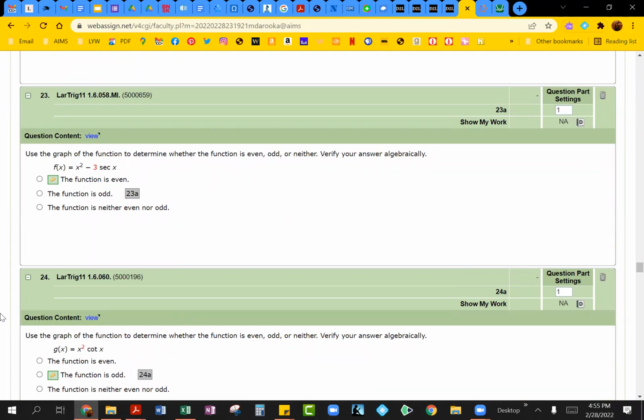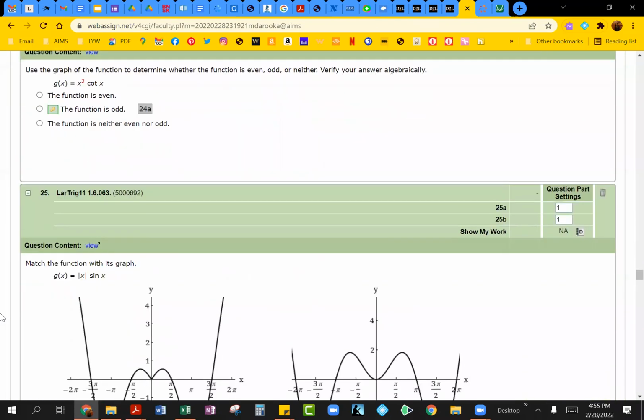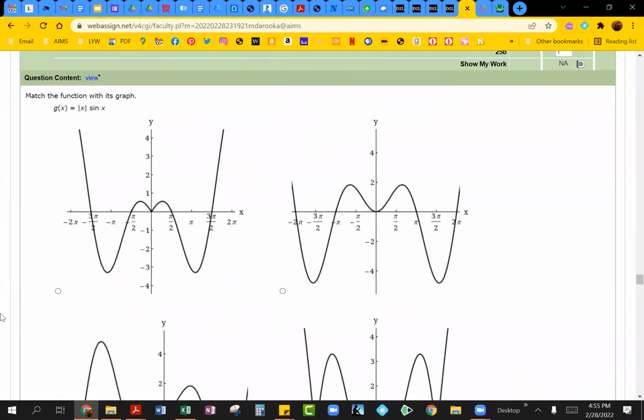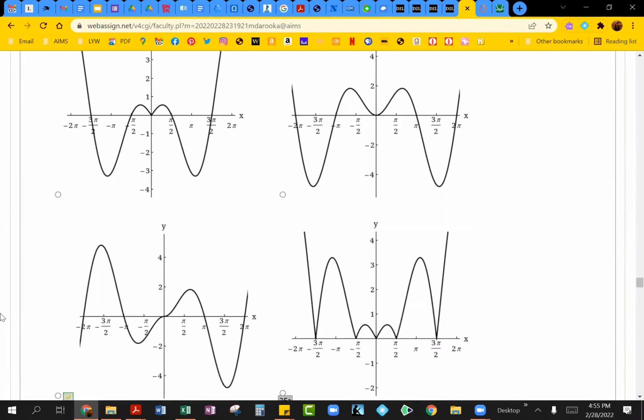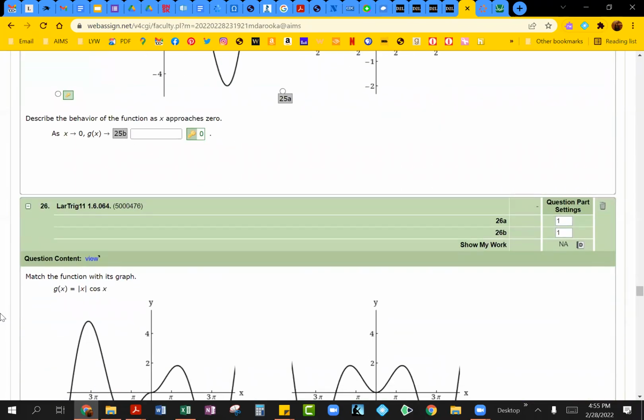Yeah, that might have been it. Because this one is just asking if the function is odd or even. This is where the damping ones come in. So you can see this is the absolute value of sine x, and we looked at that in those matching graph ones. So that's where this is coming from.